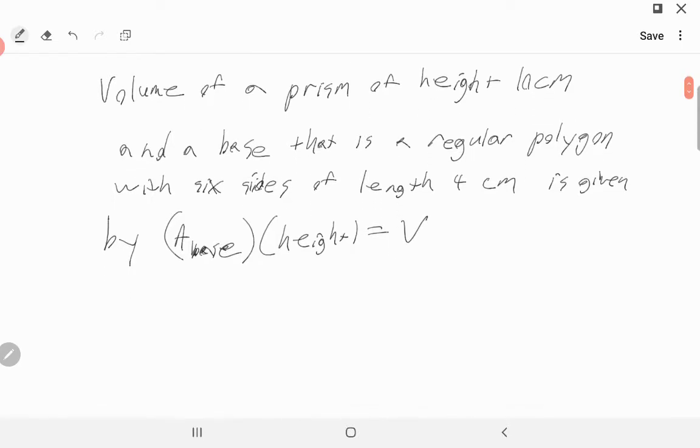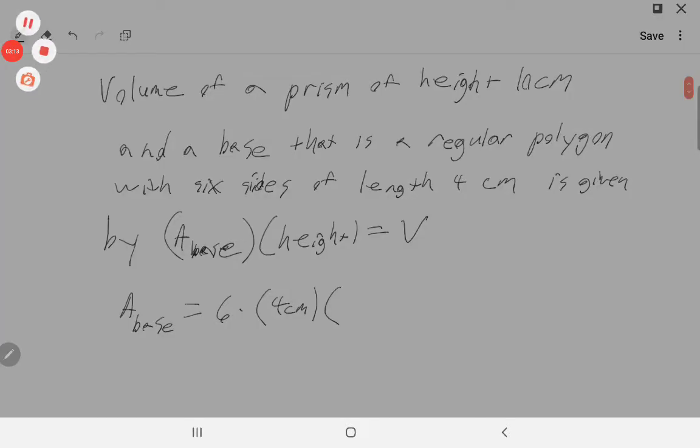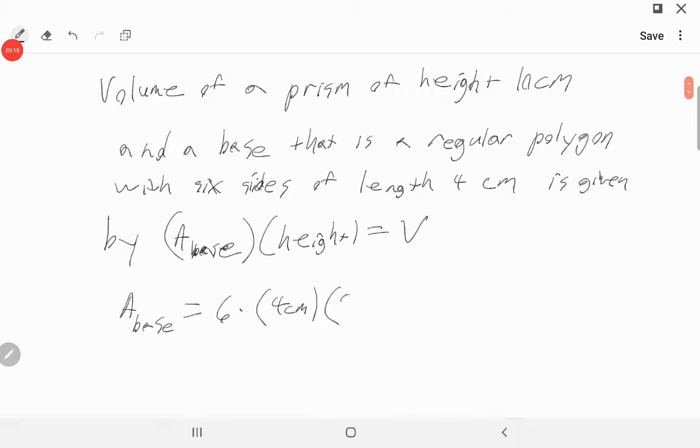And so we know that if it has 6 sides of length 4 centimeters, the area of the base is equal to 6 times, we can break up into 6 triangles of base 4 centimeters, and the height of each of those is going to be 2 radical 3. So we have to be careful, 1/2.